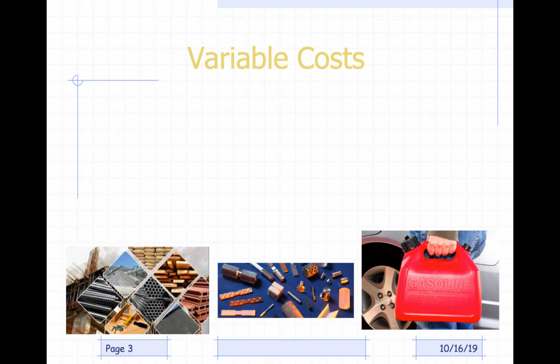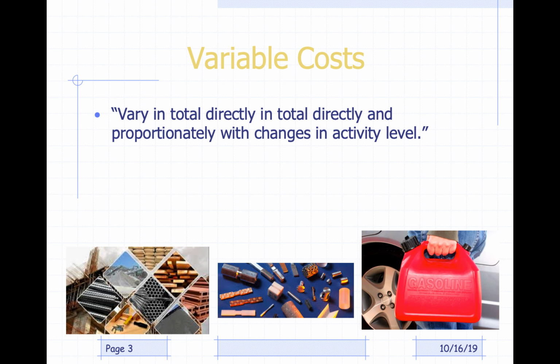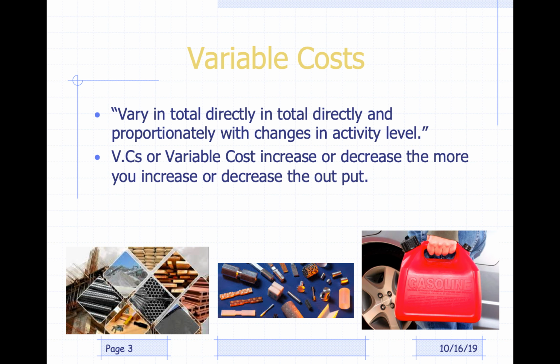Starting off with variable costs, they're the type of costs that will vary directly and proportionally with changes in the activity level. The way I like to understand this is, as you increase something, you will also increase the price, or if you decrease something, you will decrease the price. Let's say you have a service company with numerous repair vehicles that have to drive around. They're going to run on gasoline.